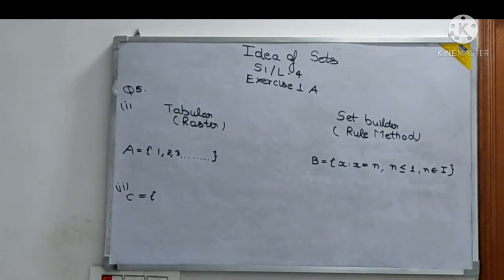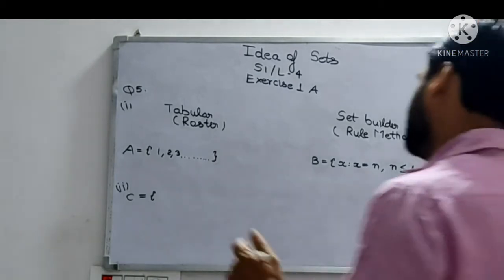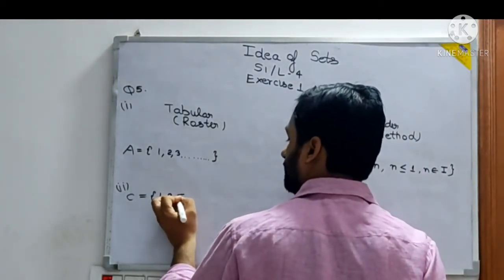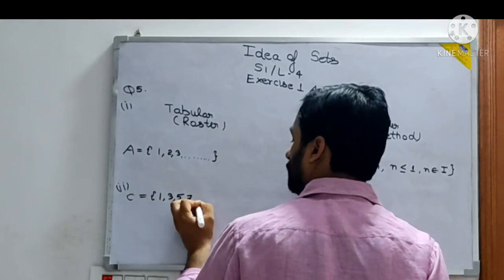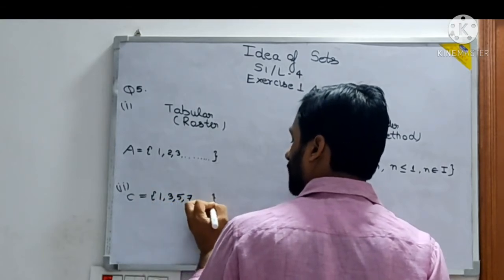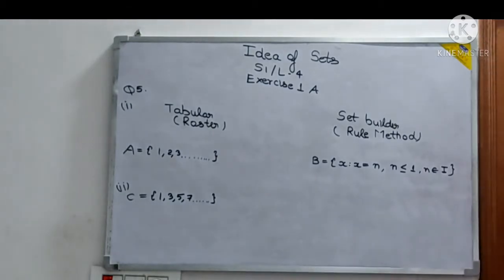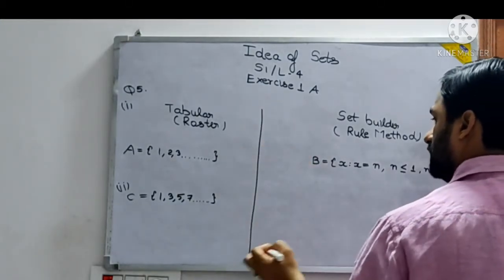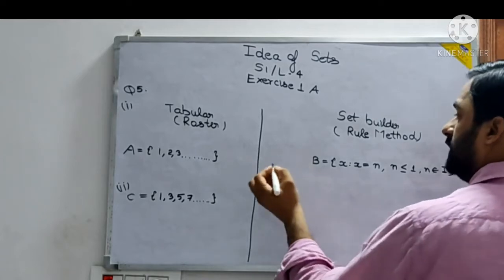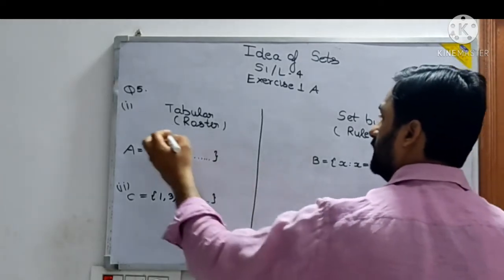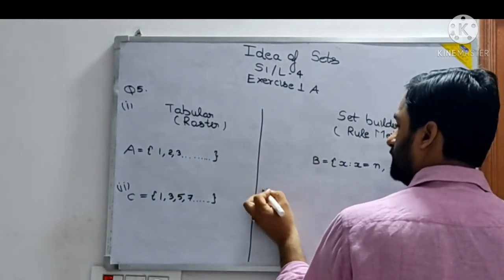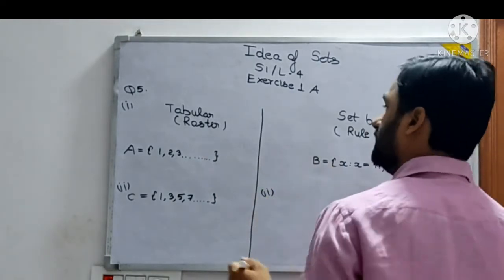So we write 1, 3, 5, 7, and so on. Dot dot dot is important. This is the roster or tabular method for the second part.